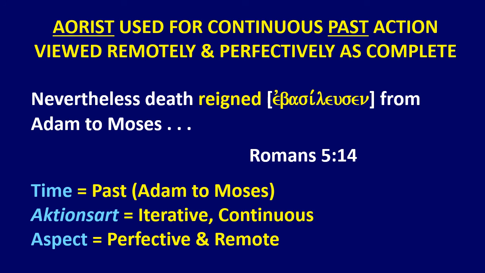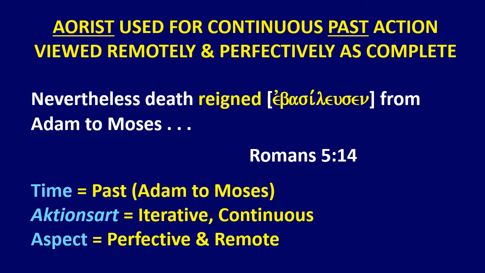So when it comes to time, this is not something that's inherent to the verb itself, basiluo, or the aorist tense, but rather it comes from the context, the prepositional phrase that is used in conjunction with the verb here. And so it has to be past in time, because Adam to Moses, neither one were alive at the time that Paul is writing Romans. He's looking back in retrospect.